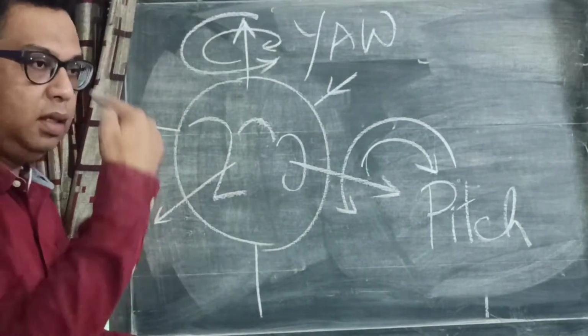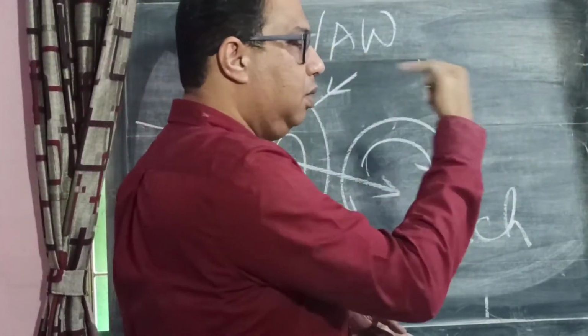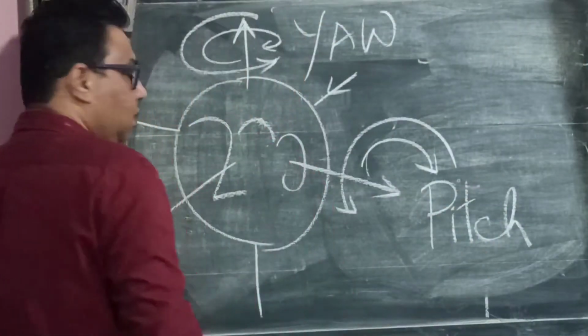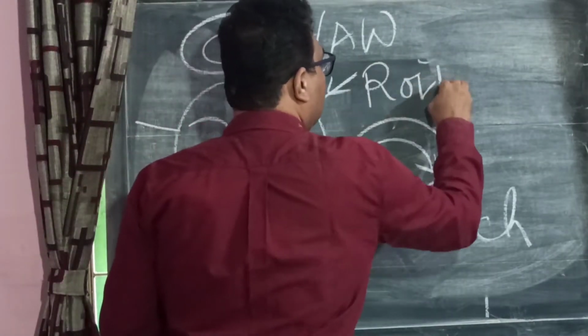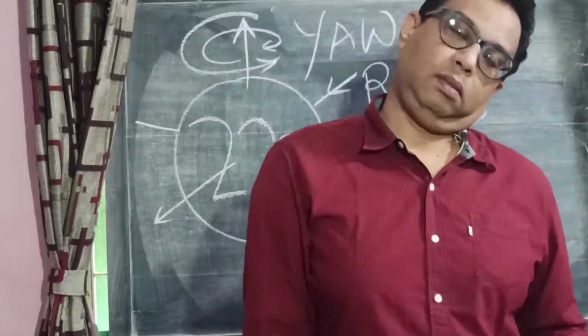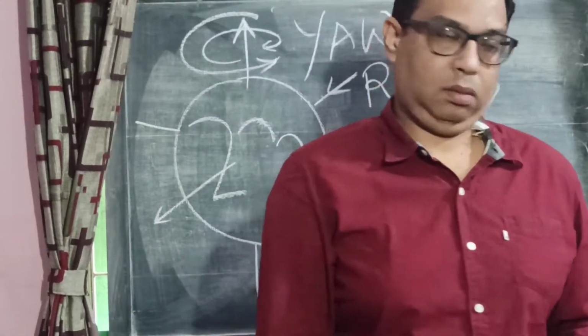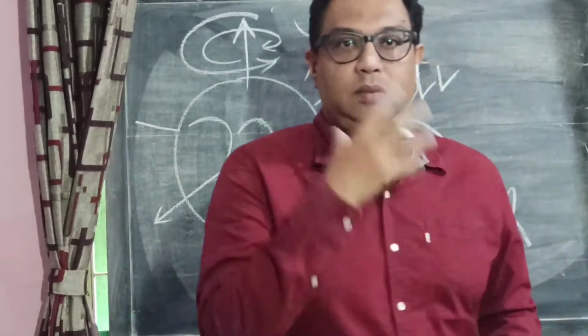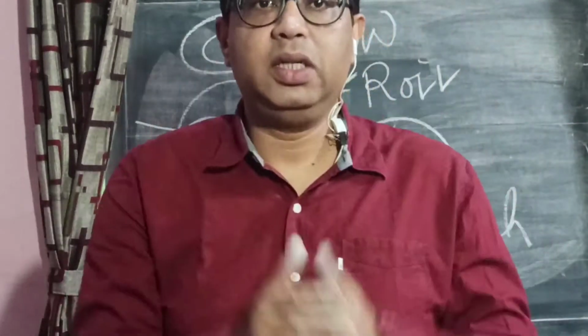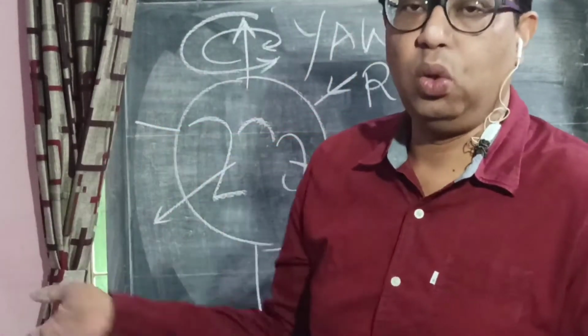The axis of movement to the front of the face, coming out through the nose, going into the back of the head, is roll. We generally move our head in a combination of all three, that is roll, pitch and yaw.